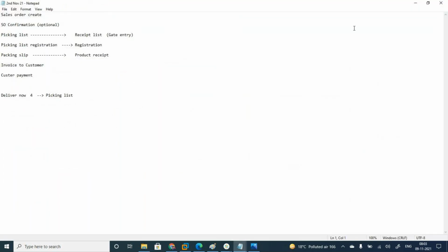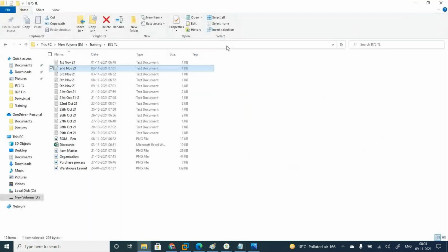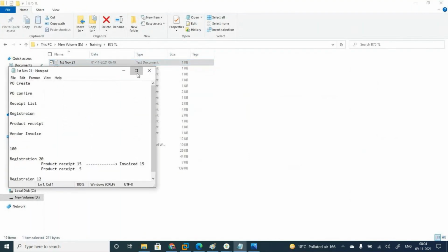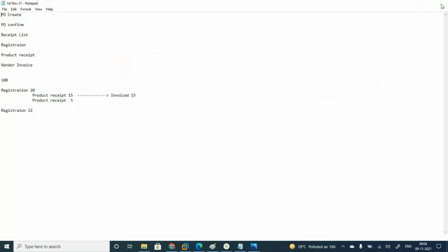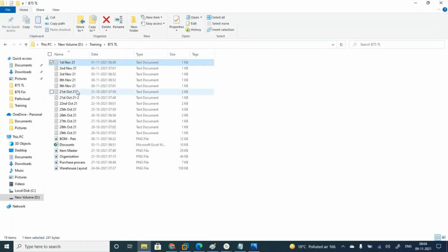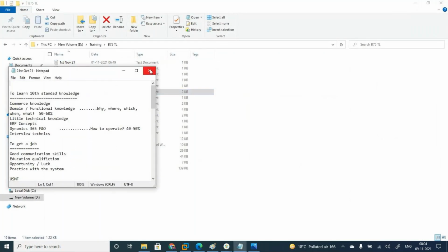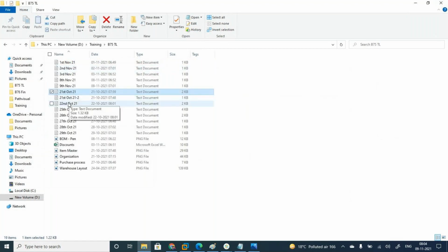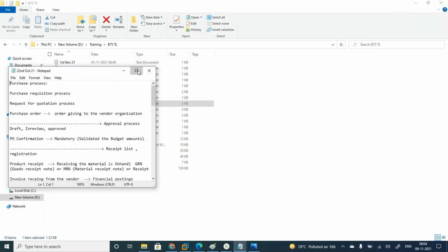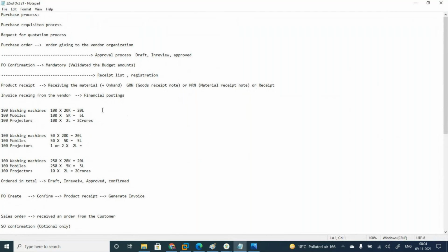So see, I'm giving you one process. Take this one. I will write it down clearly in the notepad, and periodically I will share with you how to do it. Let me show you. In the very first sessions, whenever I'm starting a new topic, I will note down the path also, like how to do it and where you have to go.